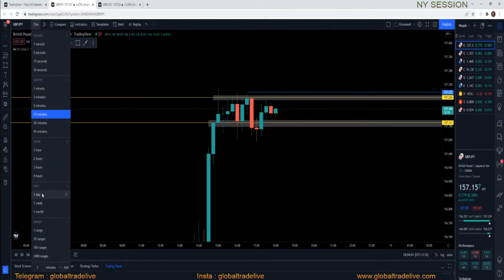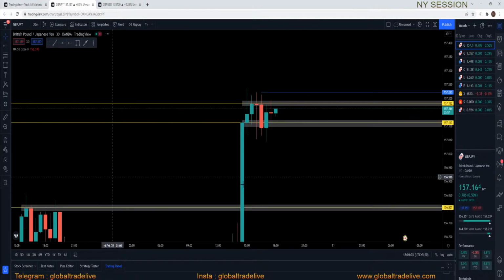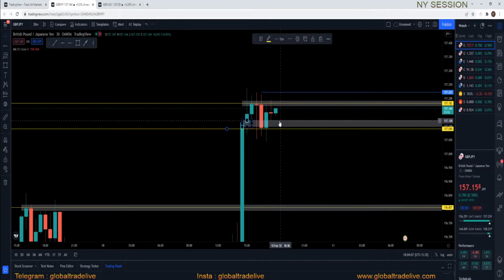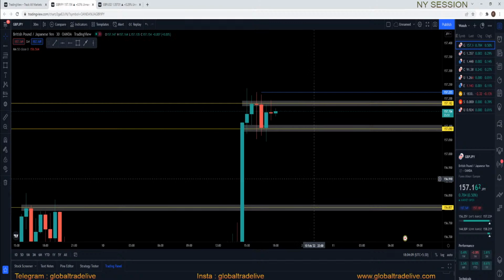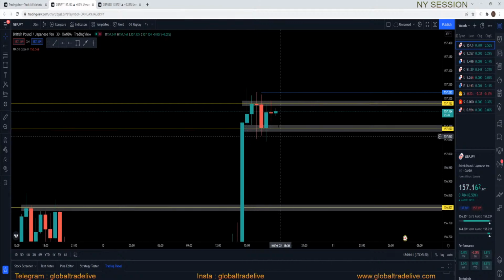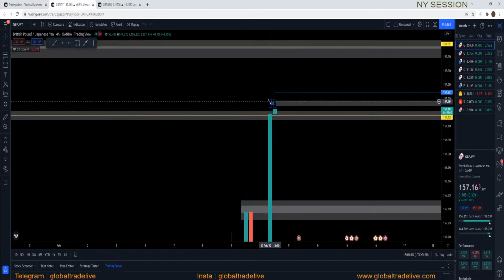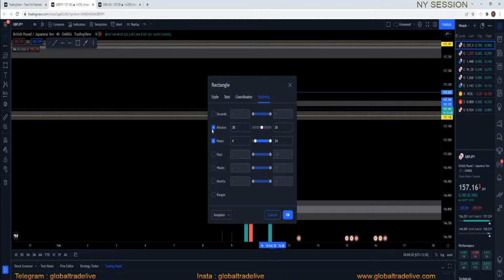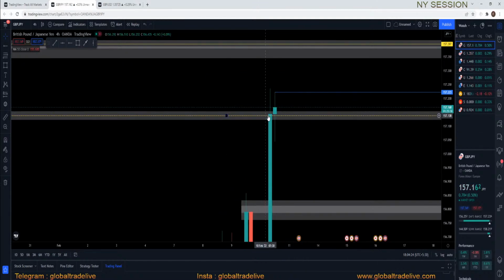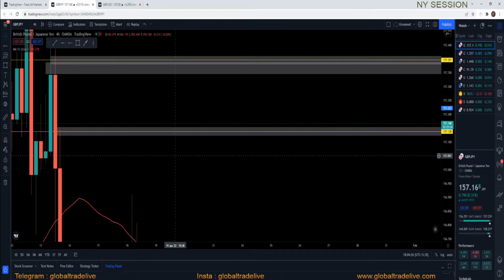So now let's just go to the 30 minutes over here. 30 minute is also ranging now. This is the recent area of support over here. So what I'm gonna do is I'm gonna visit the 4-hour. Okay, so the previous 4-hour candle closed above the area from the left.